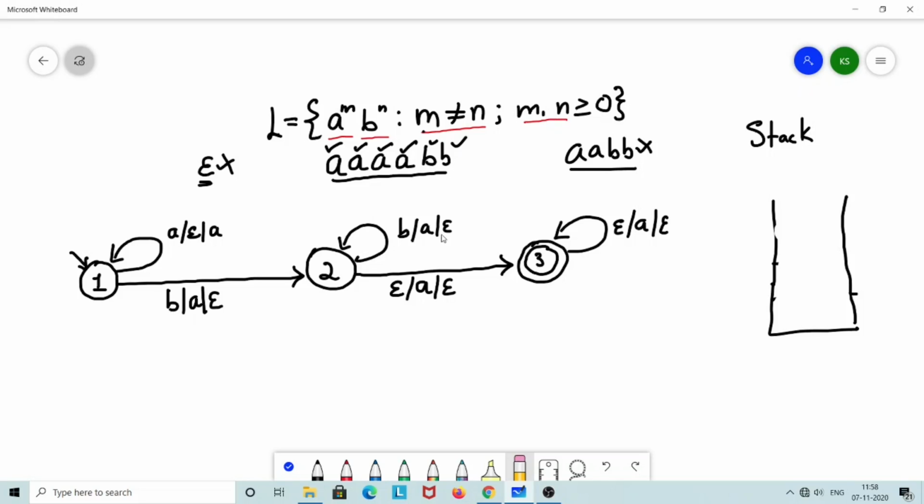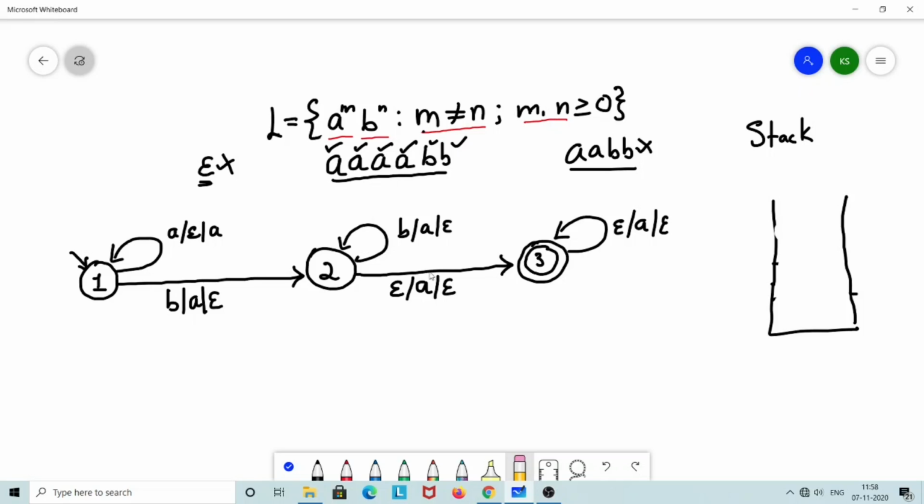And if I have more number of A's, then I'll make an epsilon transition to state 3 and I'll pop out the remaining A's, right? So I'll go to state 3 only if I encounter more number of A's. So this is how the solution works if I have more number of A's.